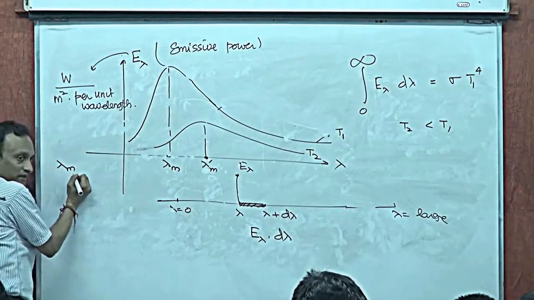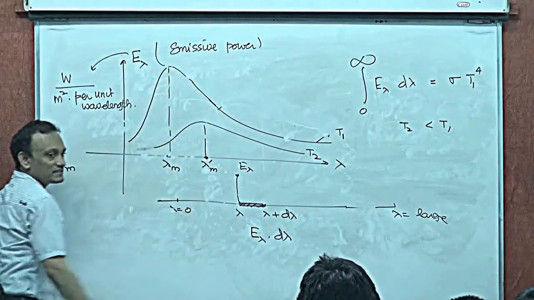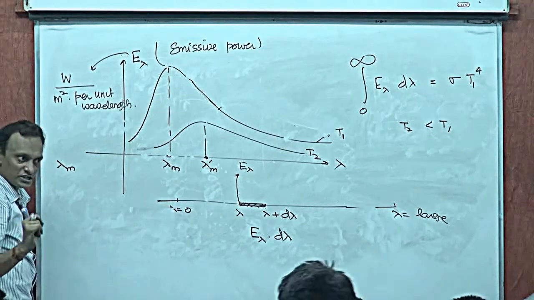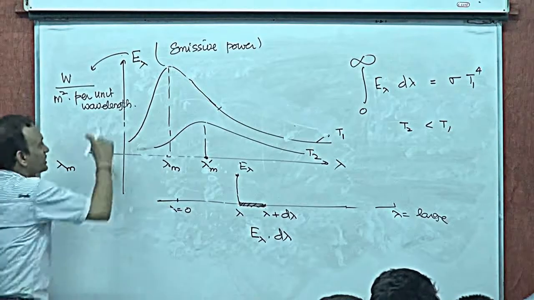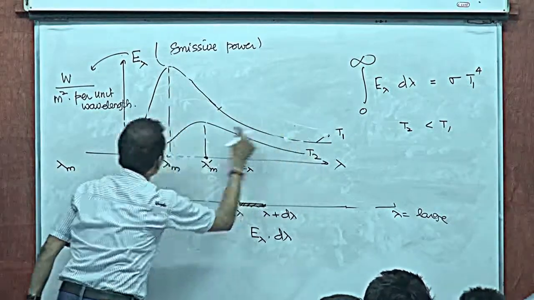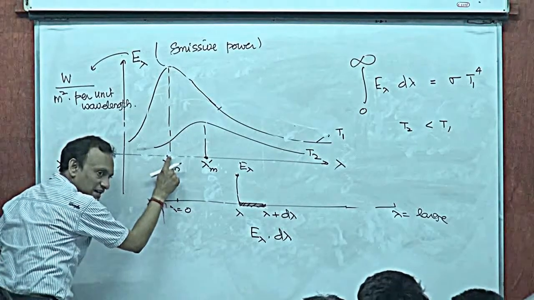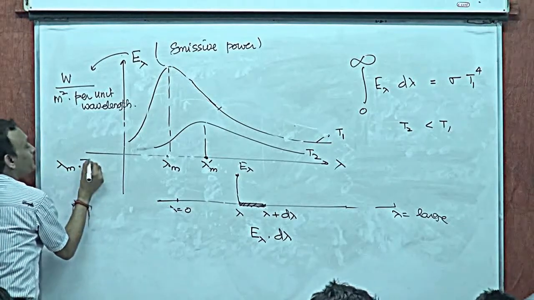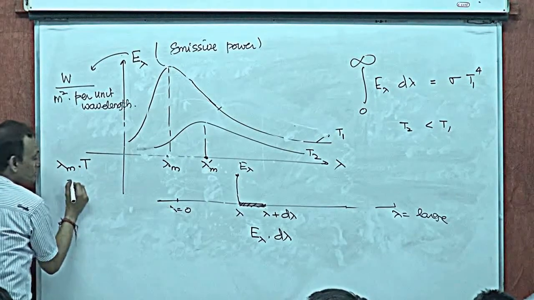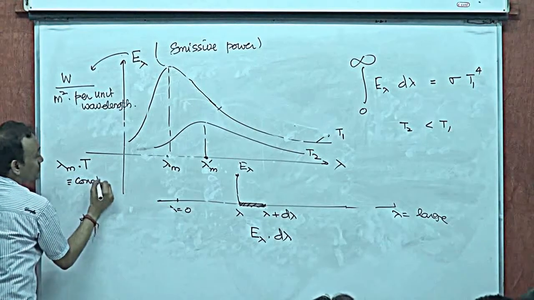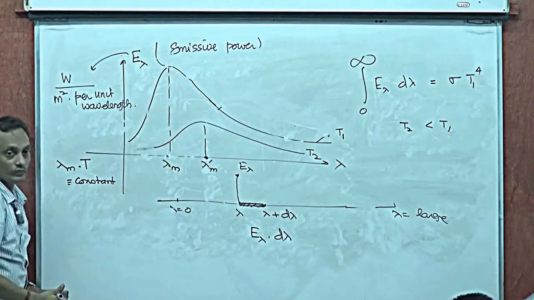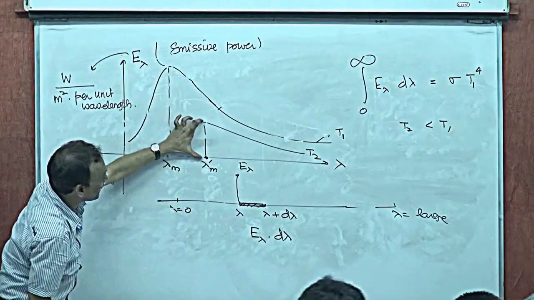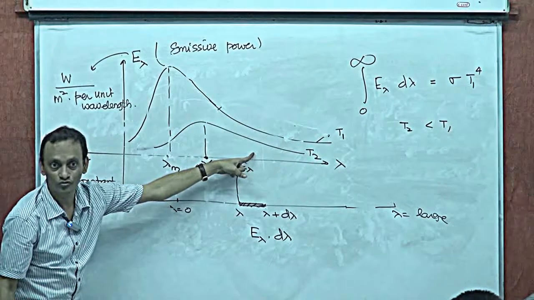In fact, lambda m is the wavelength at which the intensity peaks. If a certain radiation takes place at temperature T, and its intensity peaks at lambda m, then it's found that lambda m into T is a constant. Which means lambda m into T1 must be lambda m prime into T2.